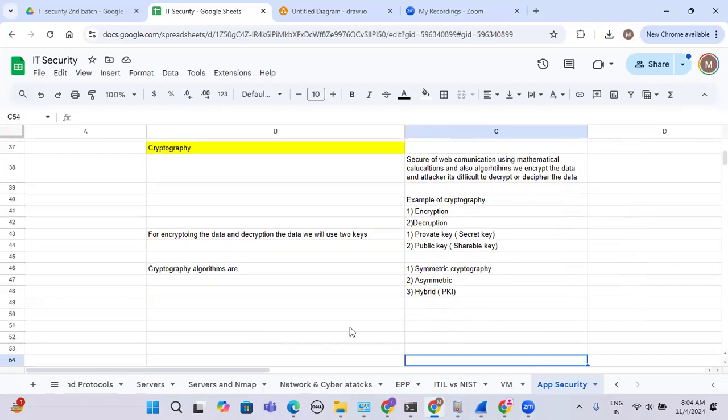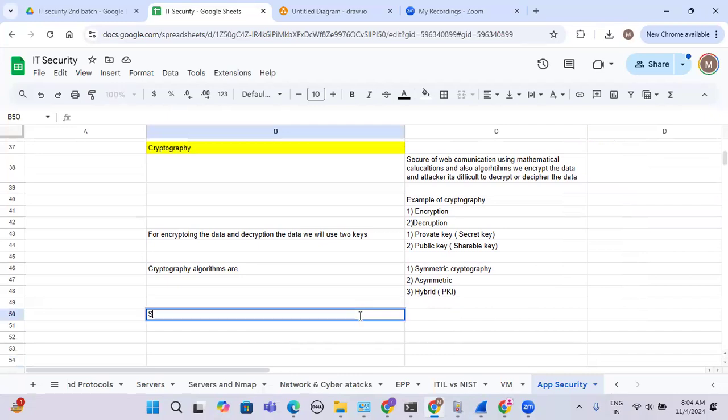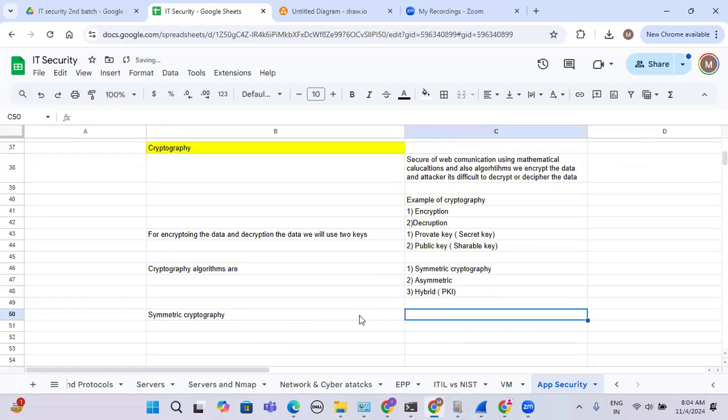First one is symmetric cryptography. Symmetric means the same: the same key is used for both encryption and decryption.